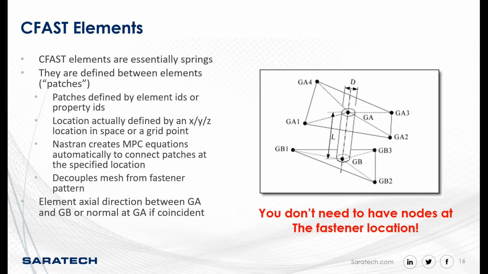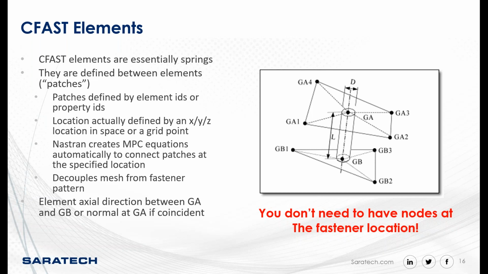Then it connects that node out to the nodes of the patches using an RBE3 or MPC, or RBE3-like MPC element to connect it up. So what happens is you don't really have to know where your fastener is in advance when you create your mesh. Nastran will take care of attaching it for you regardless of the mesh location.